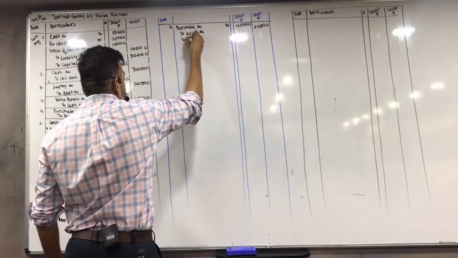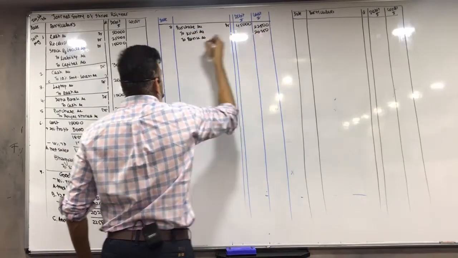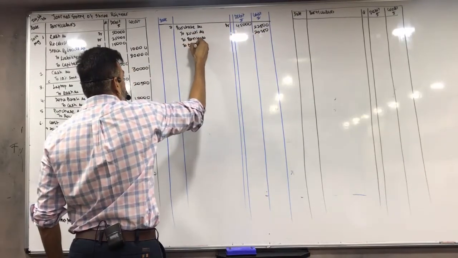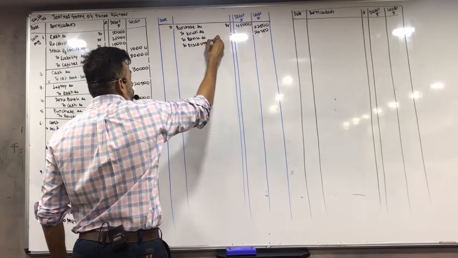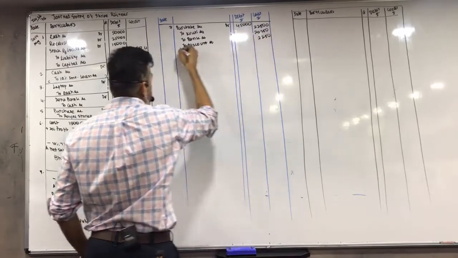We paid a check so bank account 20,250 and to discount account 2,250.